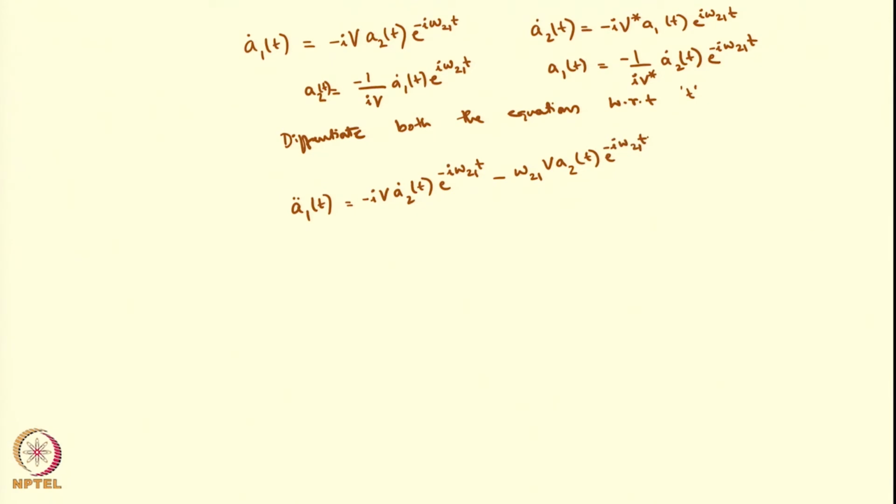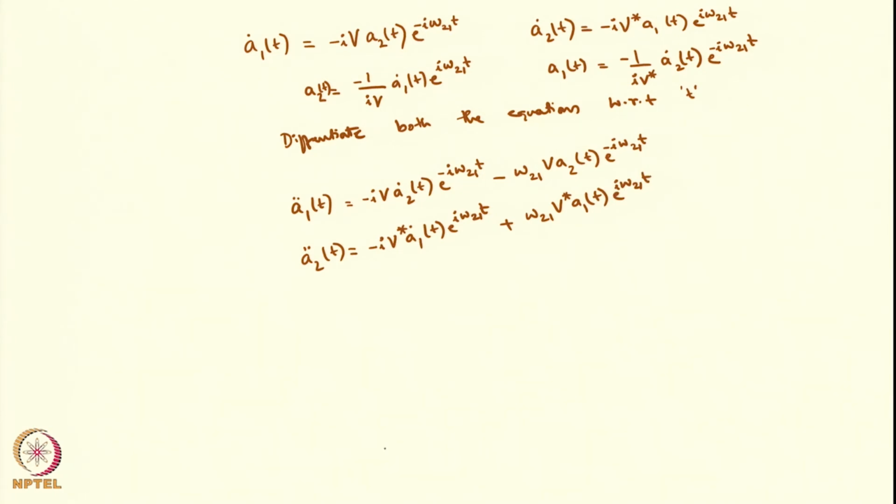Okay. Similarly, I can get A2 double dot t equals minus I v star A1 dot t e to the power of I omega 21 t, plus omega 21 v star A1 of t e to the power of I omega 21 t.